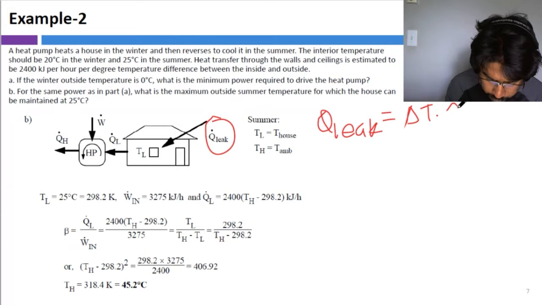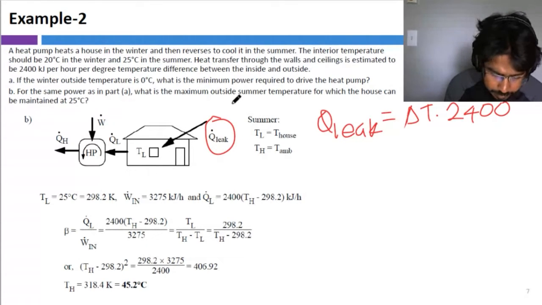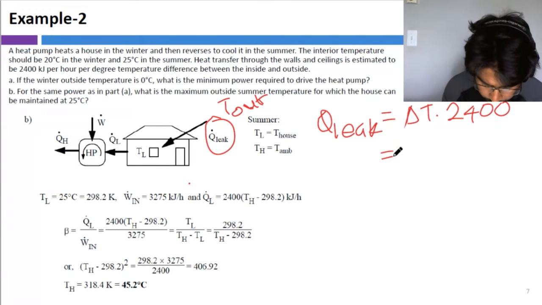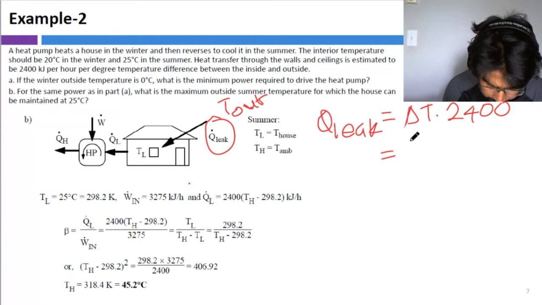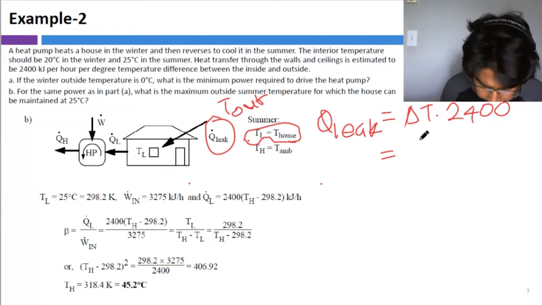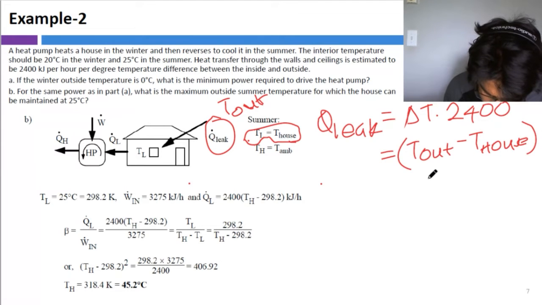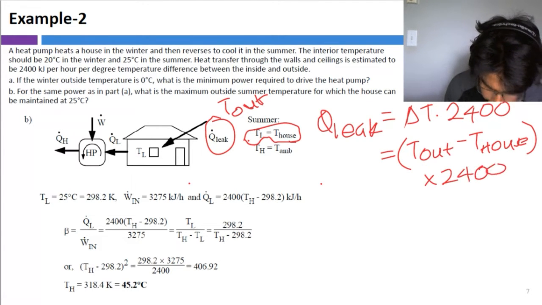So in a summer month, Q leak is going to be delta T times 2400, same as in the previous question, right? So in this delta T, the outside temperature we don't know, so it's going to be T out minus T house, at the given condition, times 2400, right?